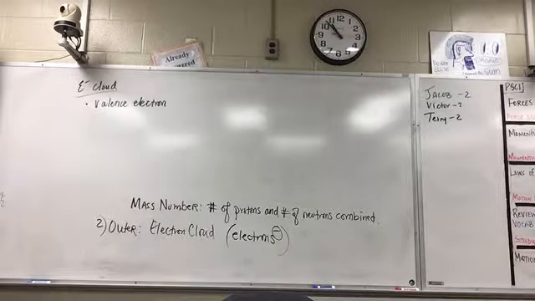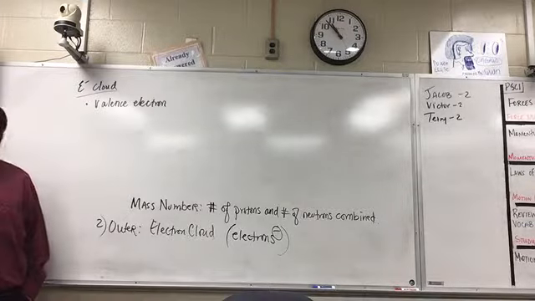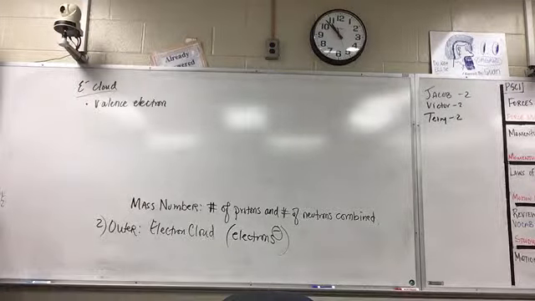Okay, a valence electron. Now, first of all, based on its last name, I know it's an electron. But because I gave it a first name, that means I must distinguish that from another electron. What makes a valence electron special compared to just an electron in general?